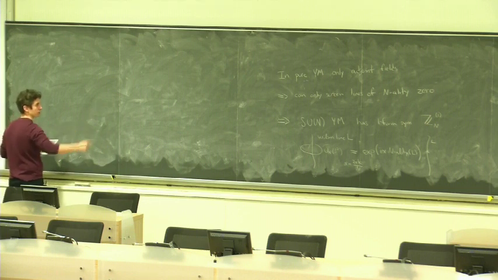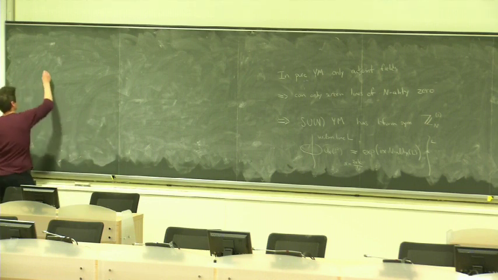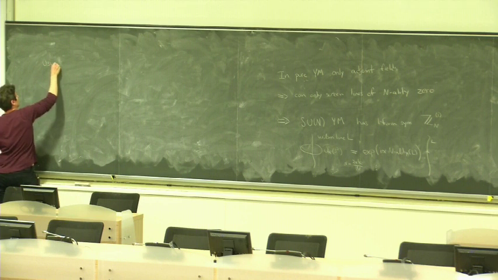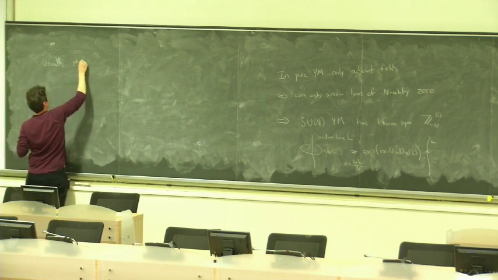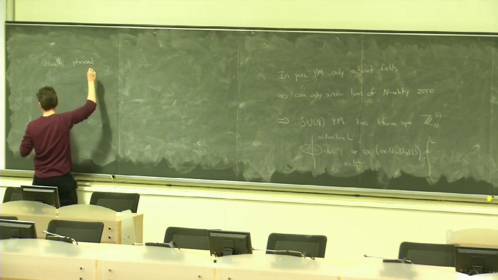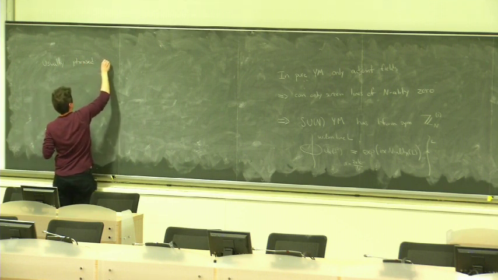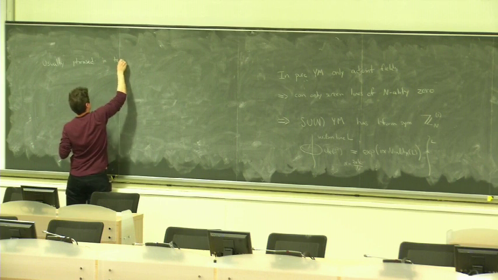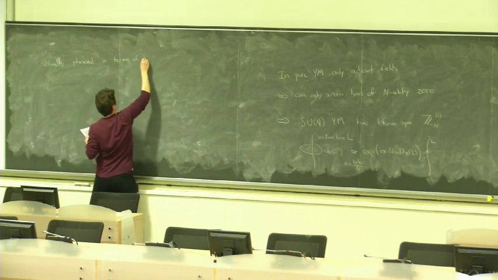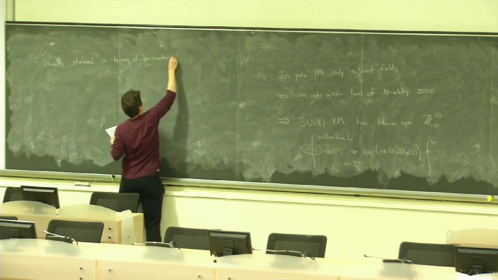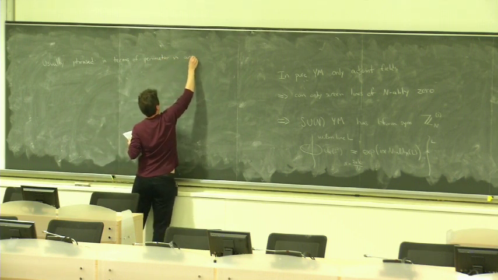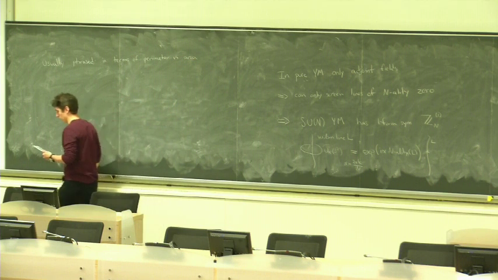Okay, so let's sketch how this connection works. This is usually phrased in terms of perimeter versus area law. That is, confinement or deconfinement is usually phrased in that way.